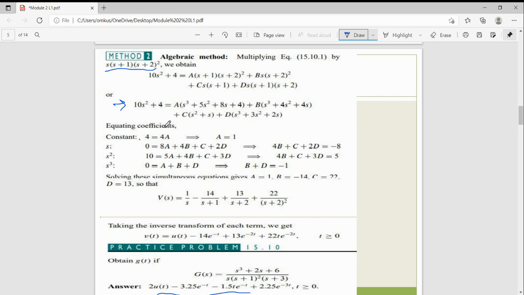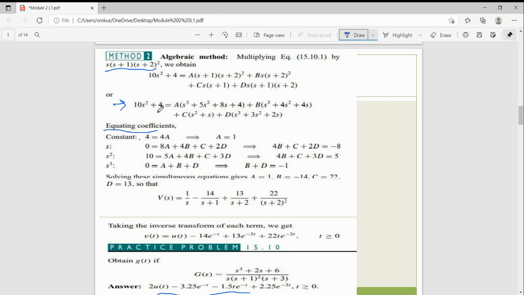Now here you have to equate the coefficients. Means first of all, see, this is an equal term, so you need to equate the coefficients. So what is the highest coefficient here? I see the highest coefficient is s power of 3, so equate that coefficient with the left hand side coefficient.